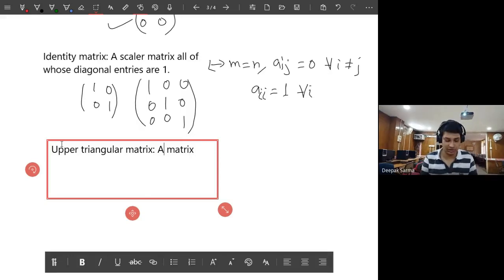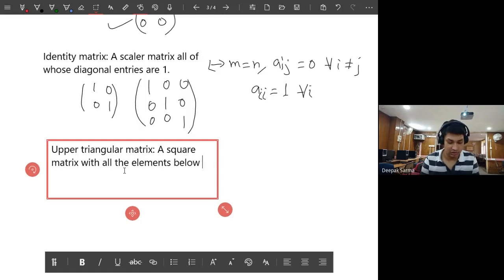It should again be a square matrix with all the elements below the main diagonal. Because there is another diagonal in a square matrix, but we don't give any importance to that here. Okay, a square matrix with all the elements below the main diagonal are 0.